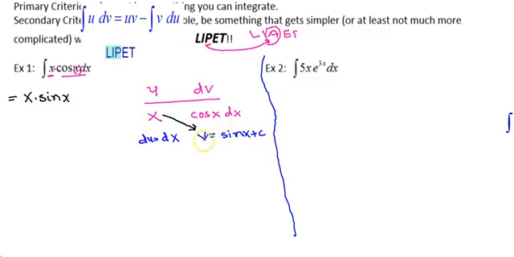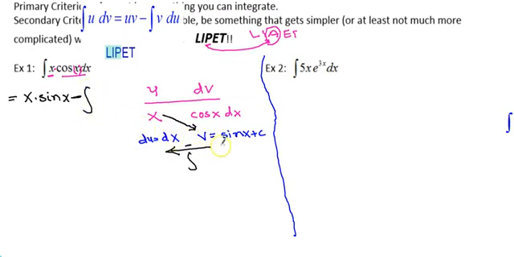Plus c, we can add the c at the end because we are going to have a final answer at the end. You can add the c. Then minus integral v du. This is the easiest way to do minus integral v du. Multiply together.